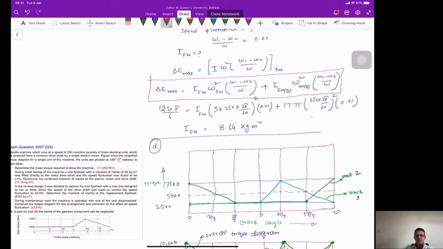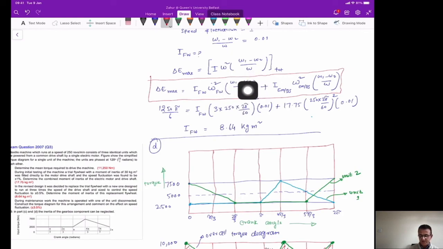If you split this into the flywheel and the electric motor and drive shaft, in this equation you put all the values and then calculate omega 1 minus omega 2 divided by omega, from which you can calculate the speed fluctuation.